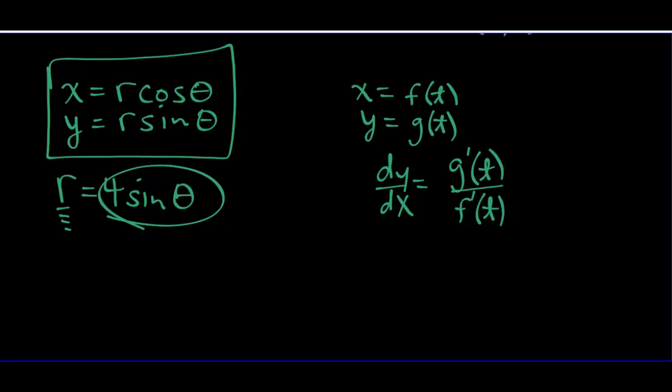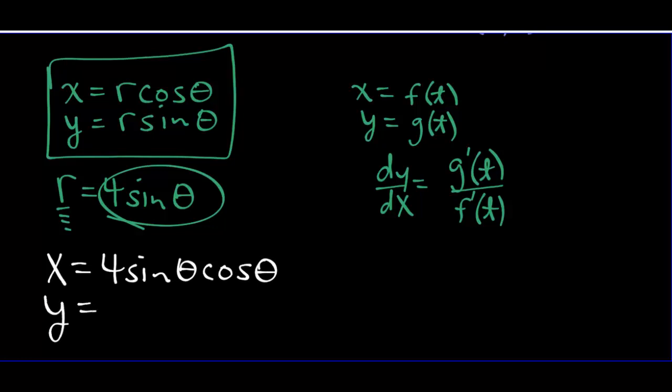So I've got x equals r, well, r is 4 sine theta, cosine theta. And y is equal to r sine theta, which is 4 sine theta times sine theta. So we've got x and y. Now I can find the derivative like I've learned before with parametric curves.